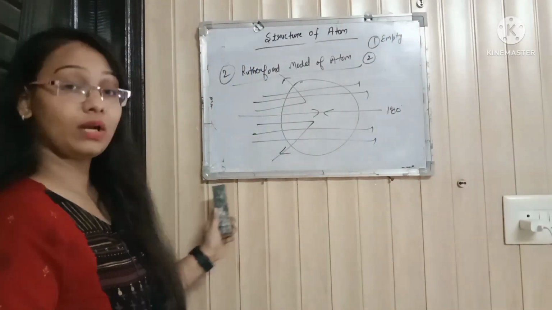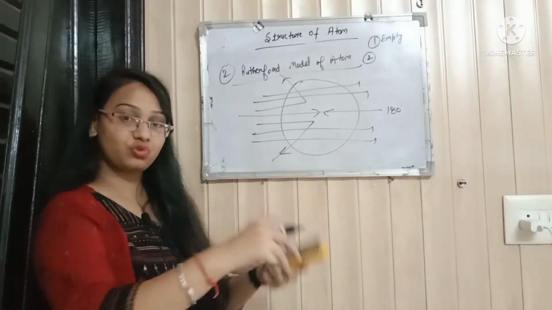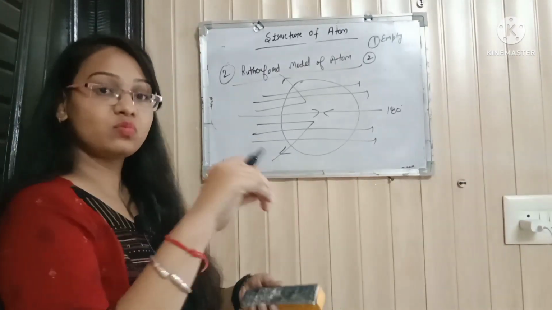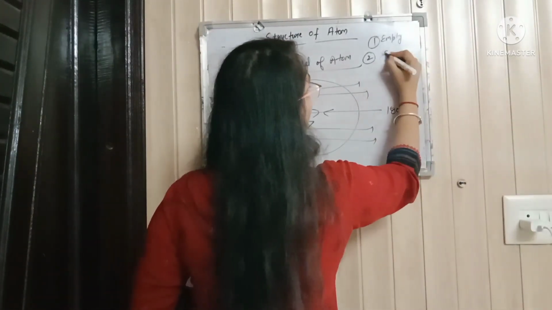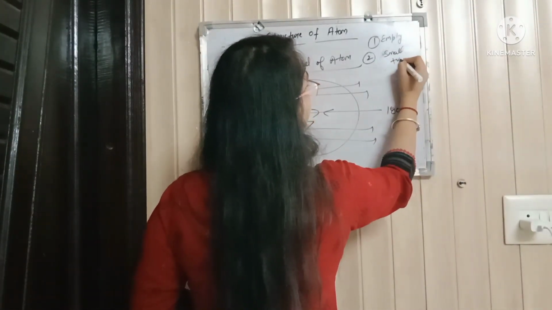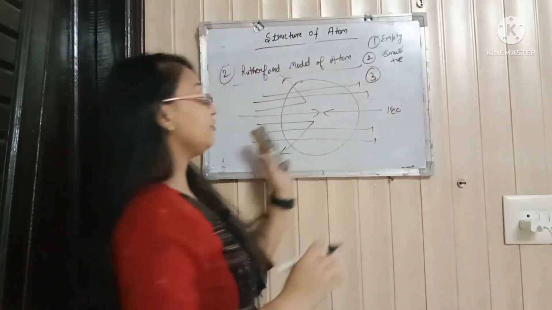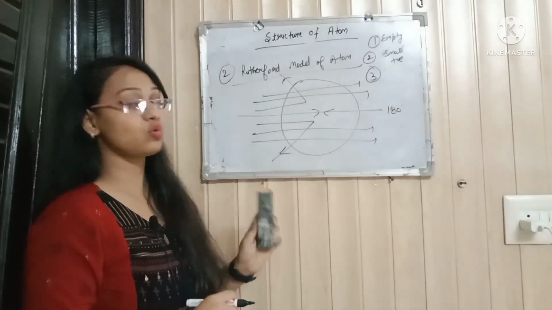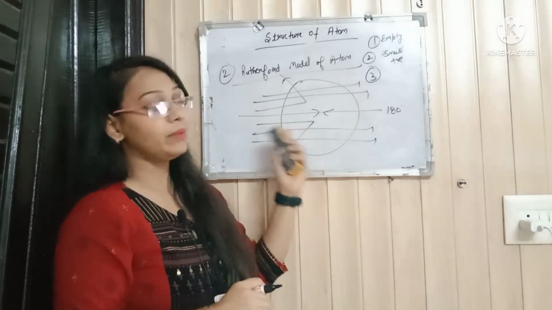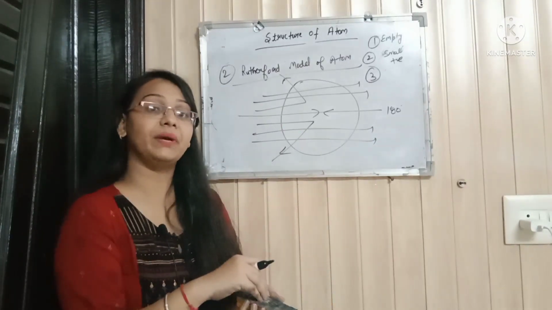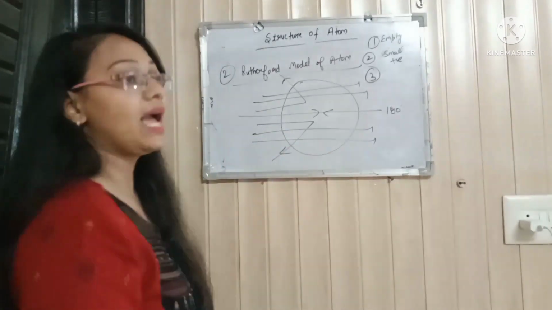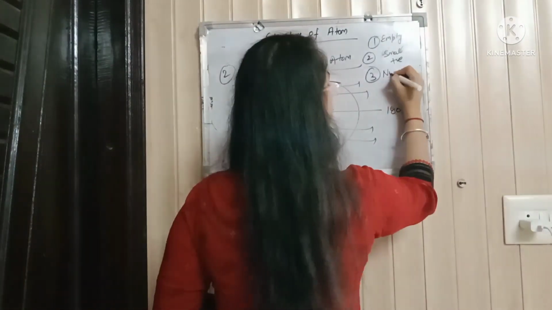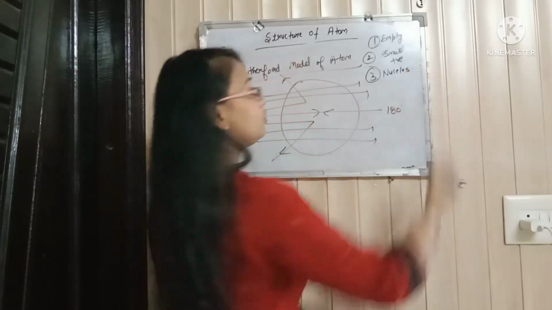Some deflect at a small angle, meaning there is obviously some obstruction in their path, and that is very small, a small positive charge. Very few deflect at 180 degrees, meaning there is some hindrance that is also very small, but the mass and charge of the atom reside in that small portion, and they named it the nucleus.